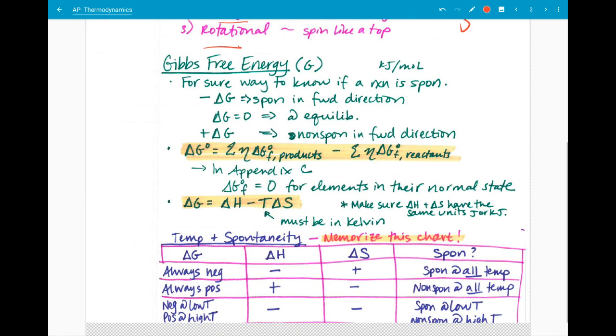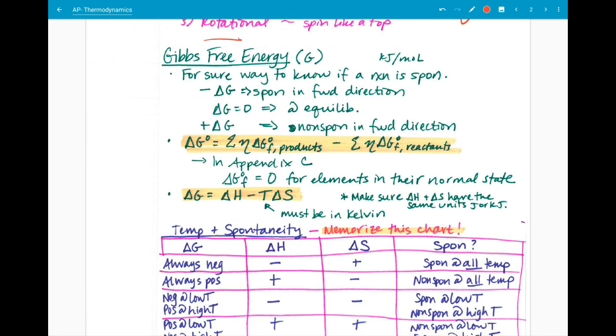Now, we did do Gibbs free energy last year. Gibbs free energy will tell you for sure if a reaction will occur or not. Delta H is a prediction. Entropy is a prediction. Gibbs free energy tells you for sure. Its units are kilojoules per mole. If delta G is negative, it is thermodynamically favorable.